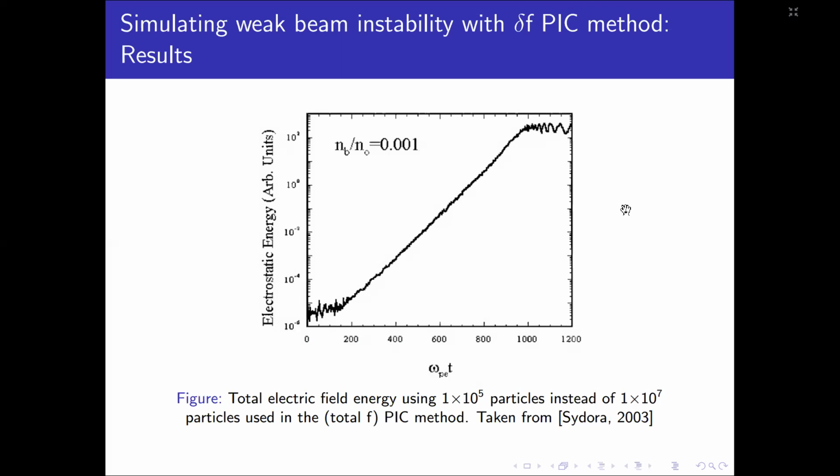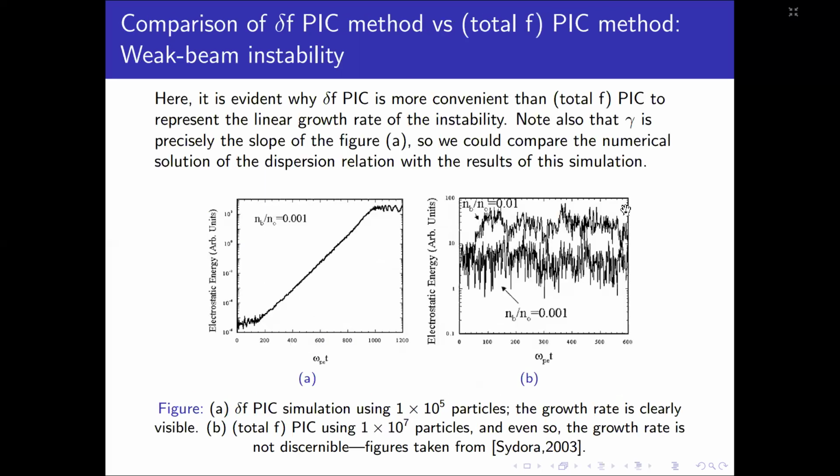So from a computational standpoint, it is something very convenient, also because the computational resources are something that we can also save with this new scheme, right? Okay, so here we can compare back to back the results of the delta F particle in cell with the total F particle in cell. And as you can see, it's a huge difference.